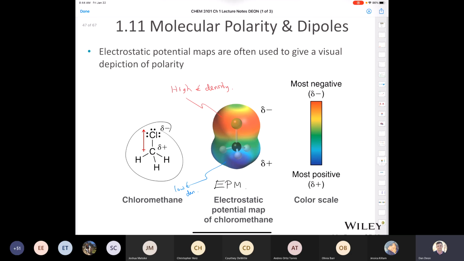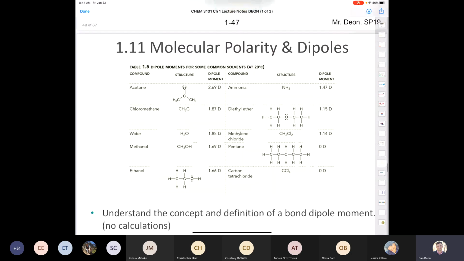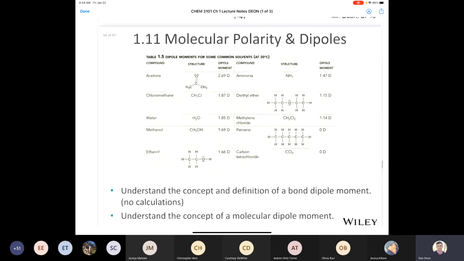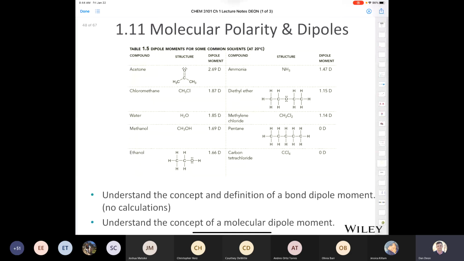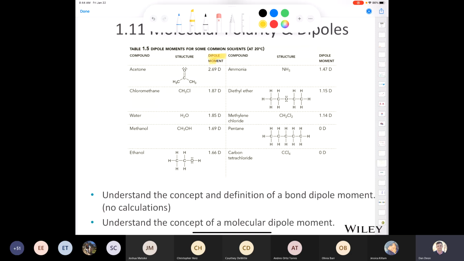Let's talk a little bit more about polarity and dipoles quickly. If you look at these molecules, you can see that the dipole moment can be quantified using the unit of debye, the letter D. It's a unit that measures polarity. Again, I'm never going to ask you to calculate anything in debye, but you should know that the greater the dipole moment, the higher this number, the more polar the molecule is.